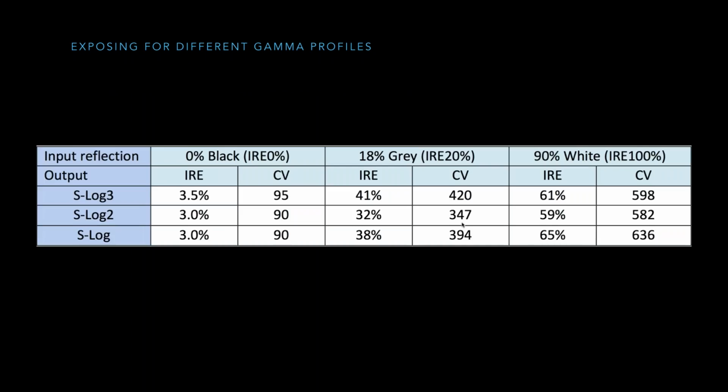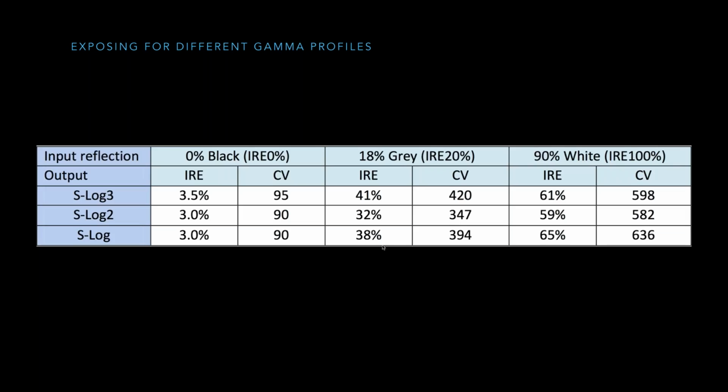Somewhere along the line of tonality, it will start to curve down and compress your highlights. And the key thing is that you don't want critical things like skin tones to be in that compressed area. So knowing where and when to expose certain parts of your tonal range is the key way of getting this right.